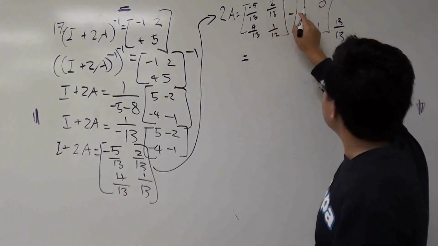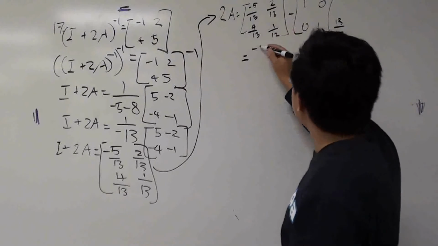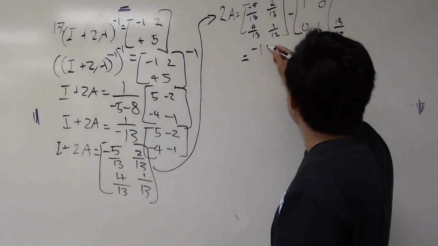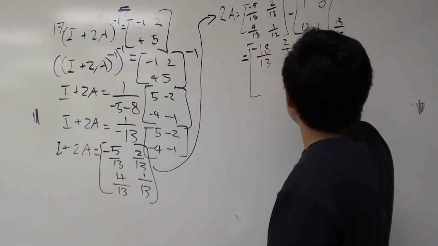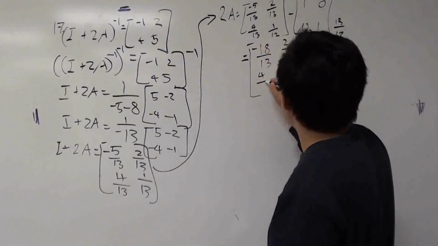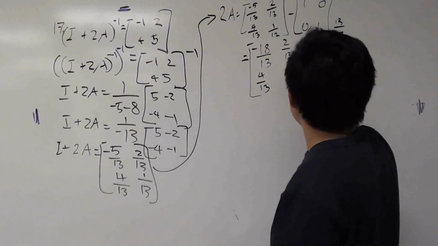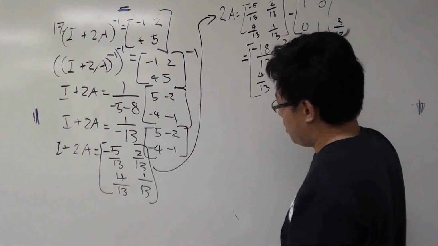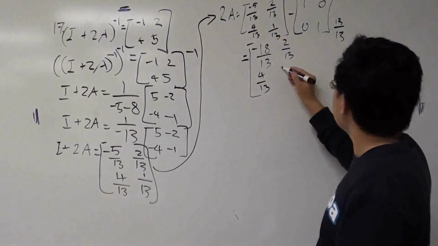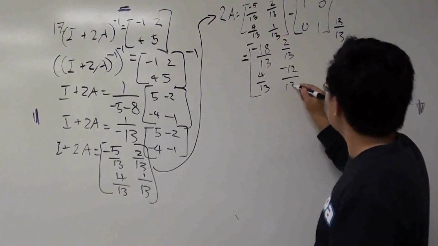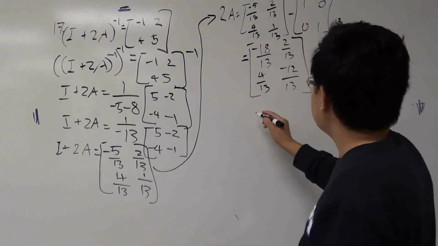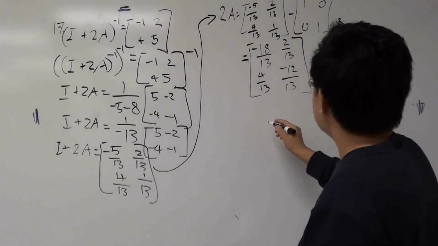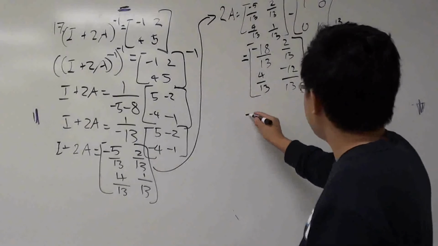So that's going to be negative 1, 8 over 13. Nothing changes on this side. Then 13. So if that's the case, then that's going to be negative 12 over 13, divided by 2. Are you kidding me? Divide by 2? Oh, that is not good, especially since the numbers aren't pretty.